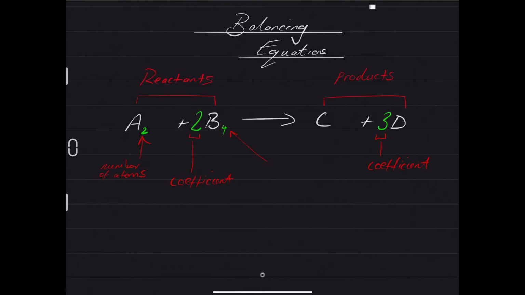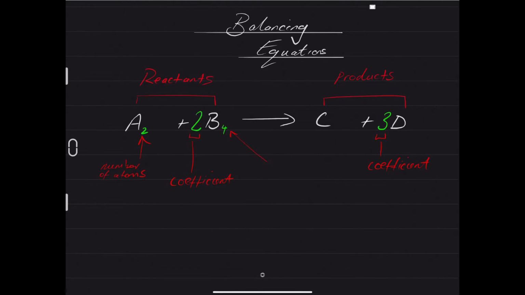So on the left-hand side of each formula, as you can see, the 2 is before the B, whatever element B is representing. And if you have a coefficient of 1, by practice, it is omitted. We do not include a coefficient of 1 in our chemical equations.